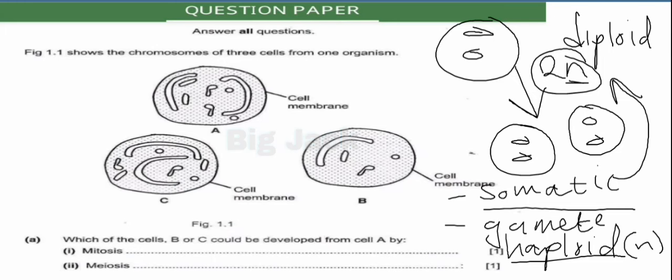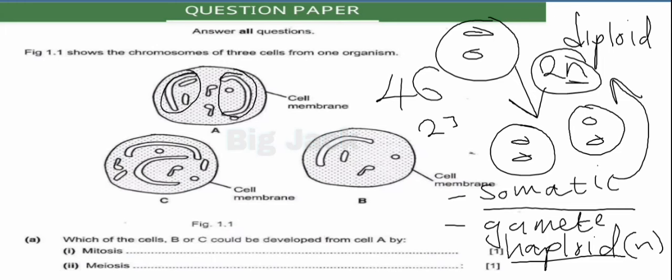Okay, now since we know that the human body contains about 46 chromosomes in the body cells, meaning the gamete cells are going to have 23 chromosomes. This cell A has these two features here that we can see.